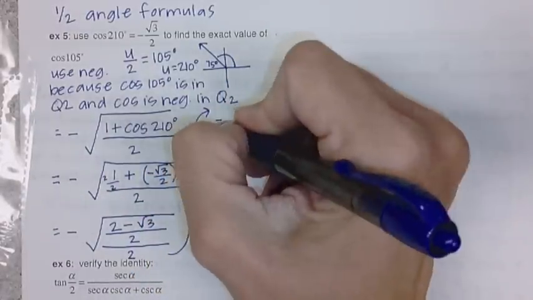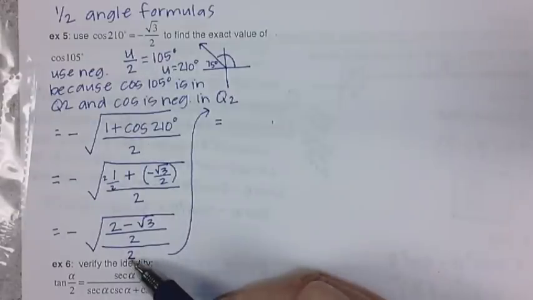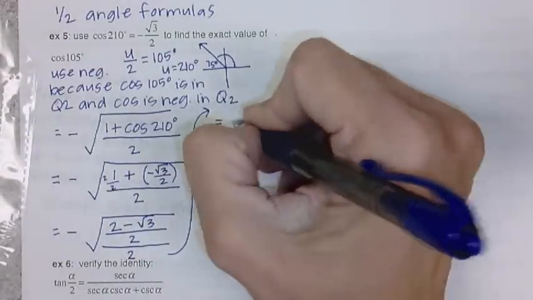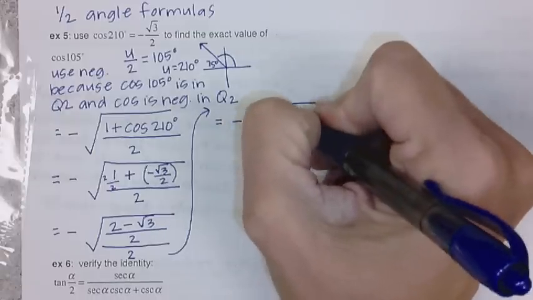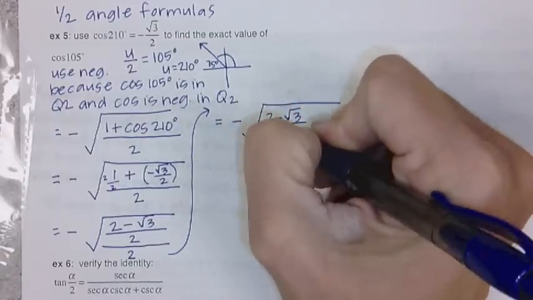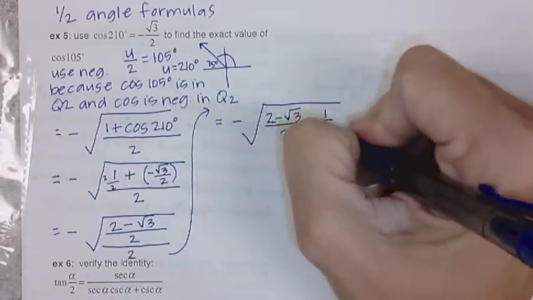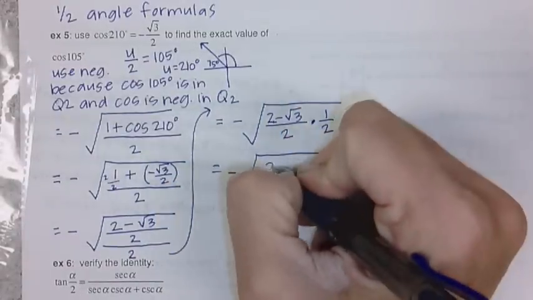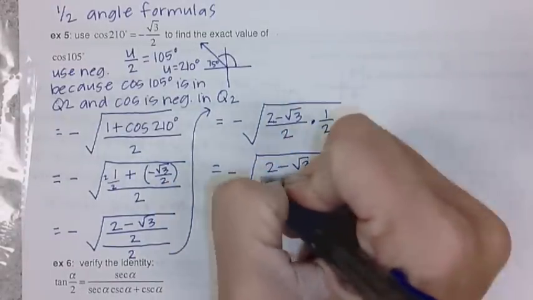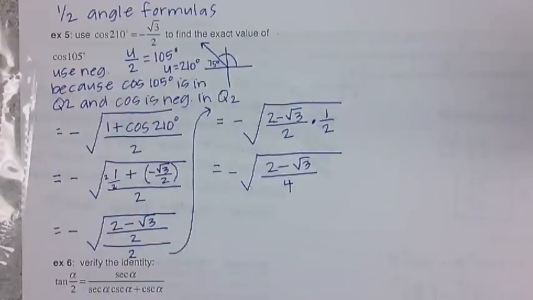Then what are we going to do? Well, now we're going to take this 2 and we're going to copy dot flip, because fractions within fractions are not allowed in math, only one fraction bar. So we get this, and when I copy dot flip 2, it's really 1 over 2, which gives me that.